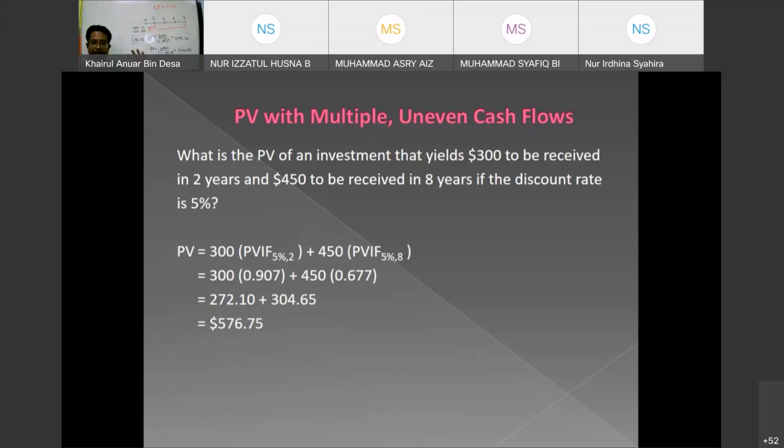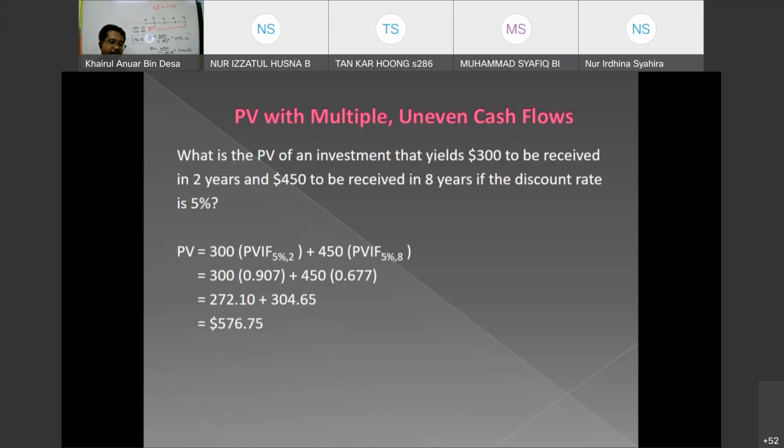Alright, boleh nampak? Boleh ikut? Sir, for the 450 present value divided by 1.05 power 8, if I didn't use table, use calculator to calculate, answer get 304.5558. The answer is acceptable.